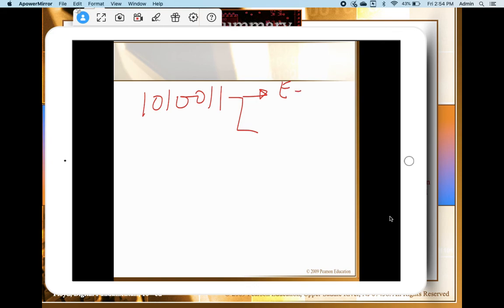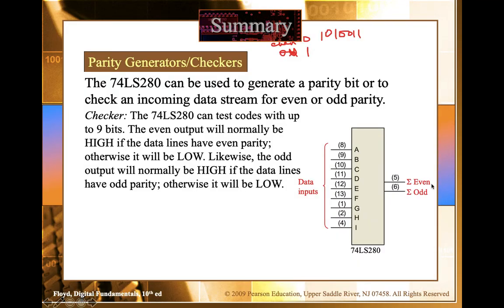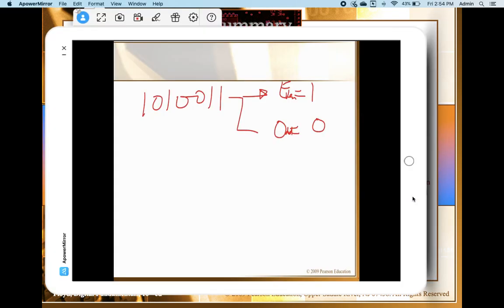So even parity will be high, and odd parity will be 0, according to these inputs and outputs. Very simple. You have this data and we are checking whether it has even parity or odd parity.